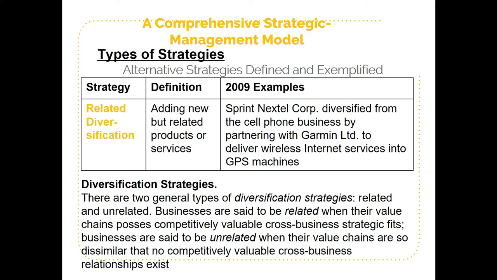So businesses are said to be related when their value chains possess competitively valuable cross-business strategic fits. Businesses are said to be unrelated when their value chains are so dissimilar that no competitively valuable cross-business relationships exist.